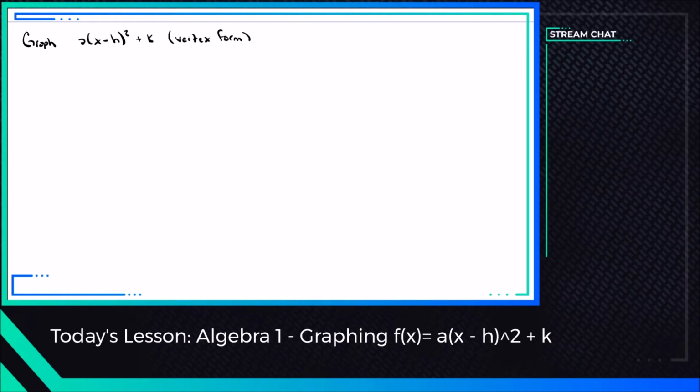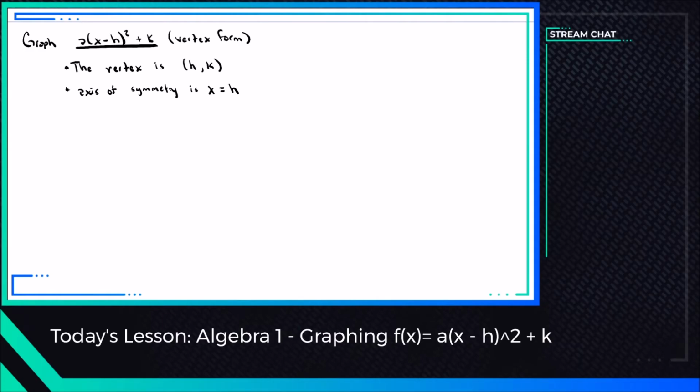The reason why this is called the vertex form is that the vertex is the point h comma k, and the axis of symmetry is, not k, x is equal to h.